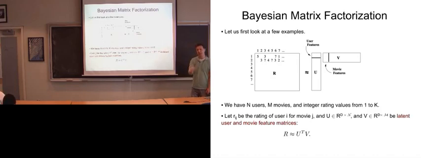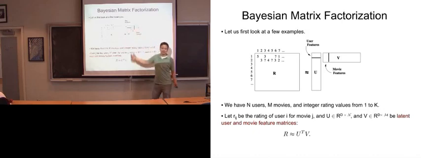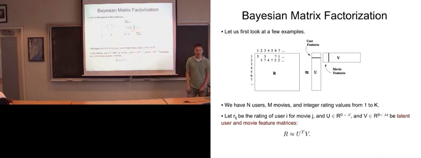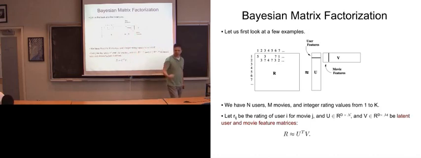So d, for example, would typically be 20 or 30. So the dimensionality of that particular matrix is n by 30, and this is 30 by m. N could be very large, millions of users, and the number of items could be large. For example, Amazon could have millions of items. So this whole matrix is a million by million matrix, but you're effectively representing it as a million by 30, on the order of million by 30.